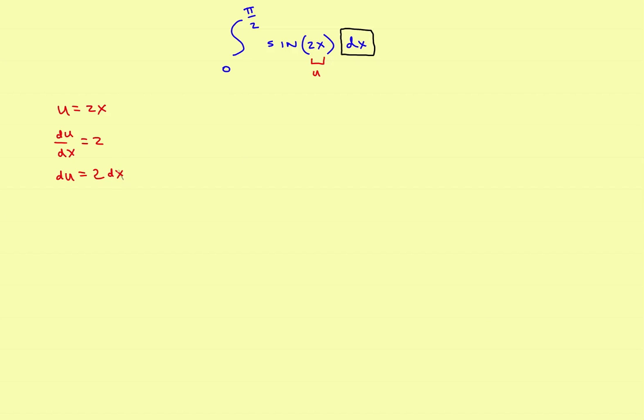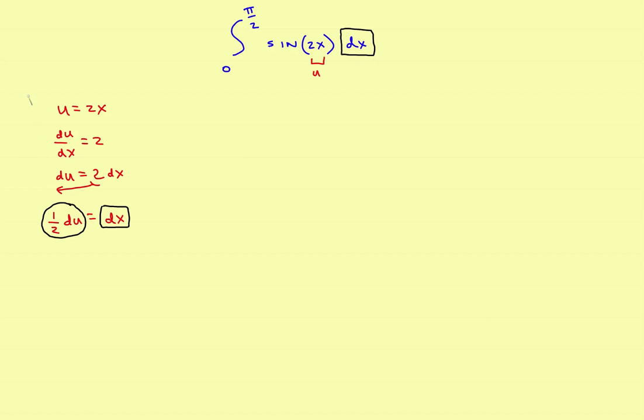Again, I need a dx and I've got a dx, but I don't need the 2, so I'll take the 2 from this side, move it to this side. That gets me to 1/2 du would be equal to dx. Again, just like in the previous problems that we've done, I needed a dx and I've got a dx. So that takes care of that. And I'll trade it out for what's inside this circle. So there's my U-substitution.